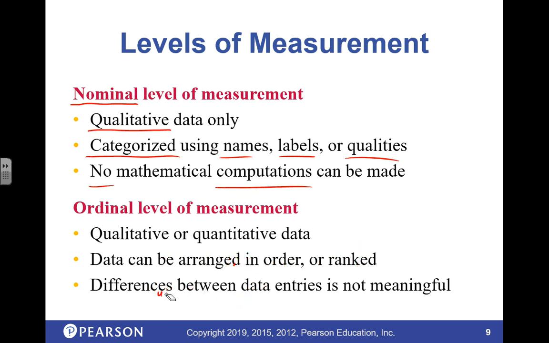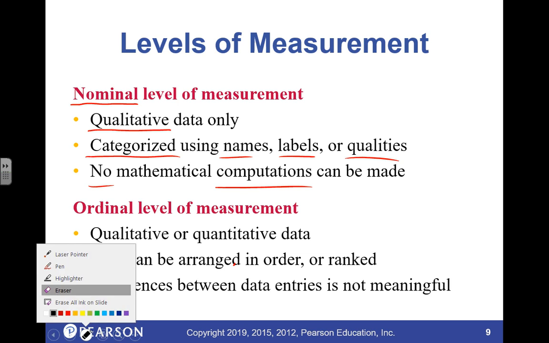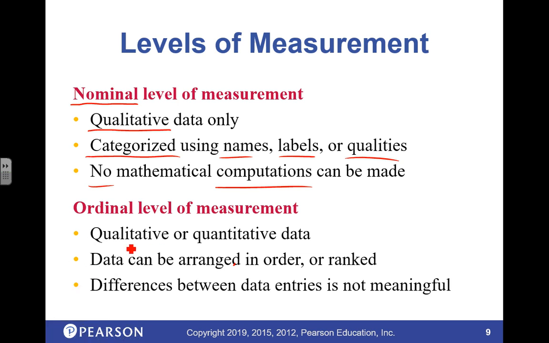For things that are ordinal, order does matter. They can be either qualitative or quantitative. Things can be put in order or in a rank. But one thing that is important to note here is that the difference between the entries is not meaningful.